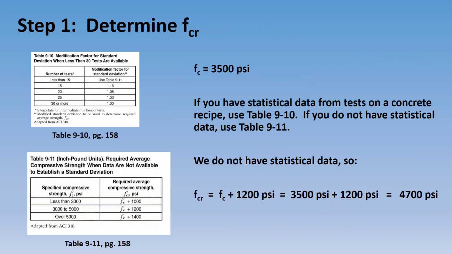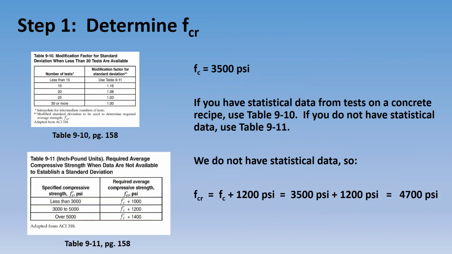So there's about 14 or 15 steps to work through a mix design. We're going to go through these one by one, and I'm going to refer to the appropriate tables and figures out of that Chapter 9. So step 1 is basically determining your safety factor. If we have a compressive force of 3,500 psi, we can get our safety factor from either Table 9-10 on page 158 or Table 9-11.